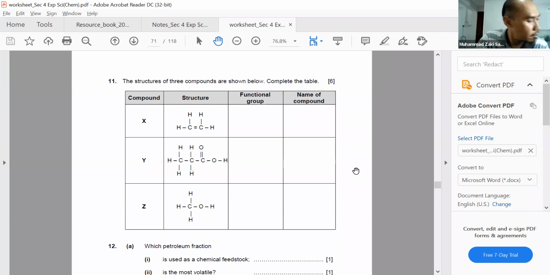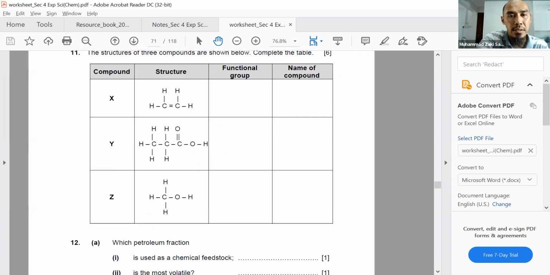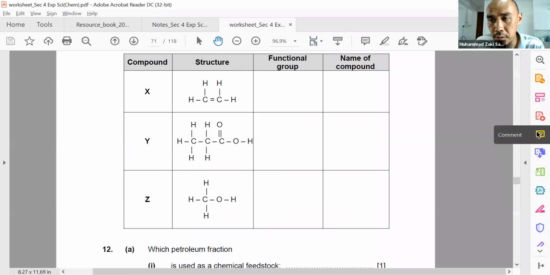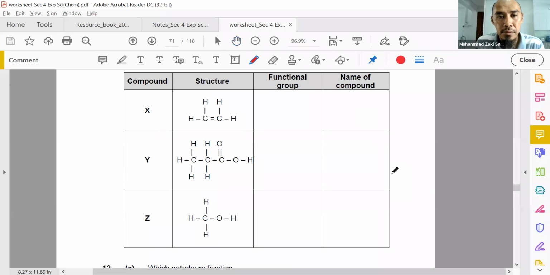Okay, right. Page 195. I believe you have this question, right? Question 11. Okay, let's try. Let me do this one first. X is an alkene, right?